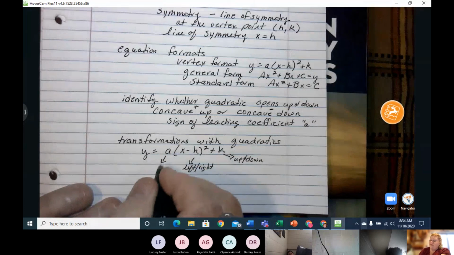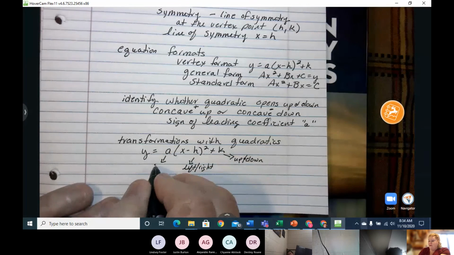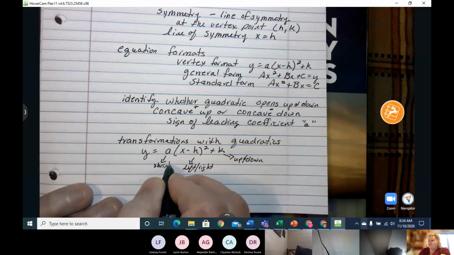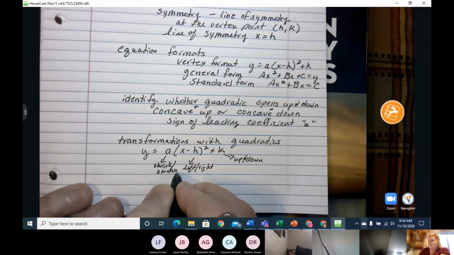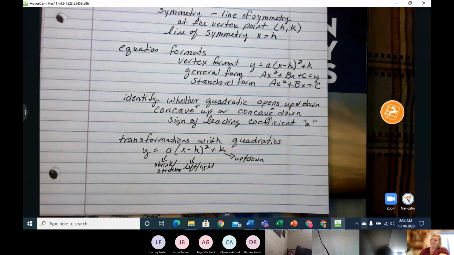The a value tells us how it shrinks or stretches. A positive or negative a tells us whether it reflects over the x-axis or not. So you want to be able to identify those types of transformations.